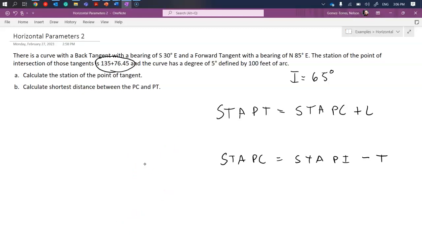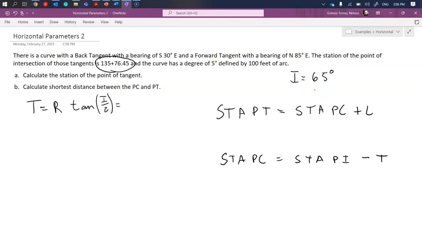So let me go over to this side here, and let me calculate first T. So T, the formula for T is R tangent of I over 2. We have R. No, we don't have R. So now we have I. I is 65, we know that.